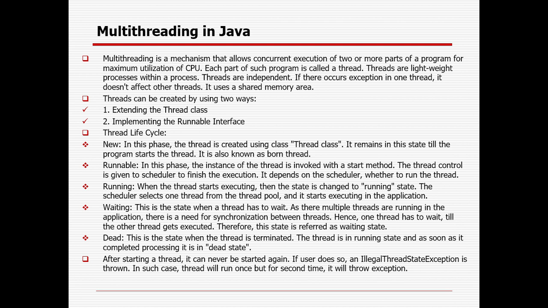Once your start method is invoked, your scheduler will try to schedule it, and it will be running from the thread pool. All the threads will be kept there, and depending on the other circumstances, the scheduler will schedule it. Suppose there are 5 threads and 3 works, right?